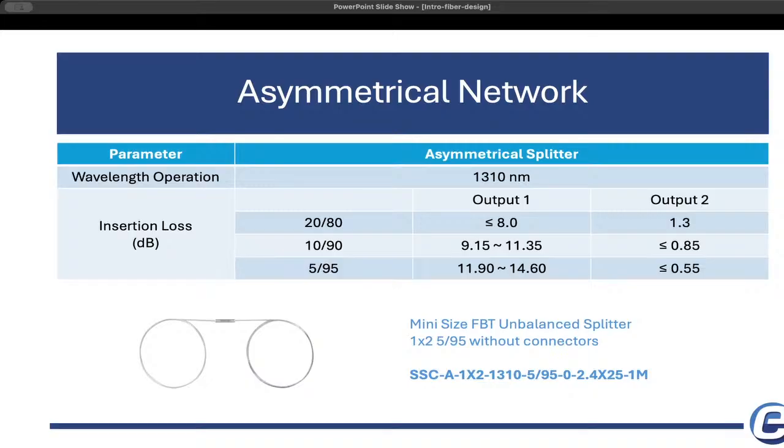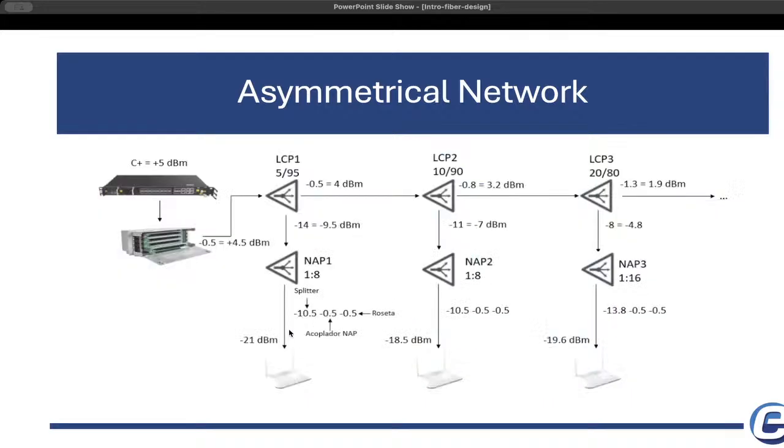An unbalanced splitter is basically like a normal splitter, but it splits 1 to 2, for example 5 to 95, without connectors. So this is how an asymmetrical network looks in practice. You can see in the image how much loss it's going to generate.